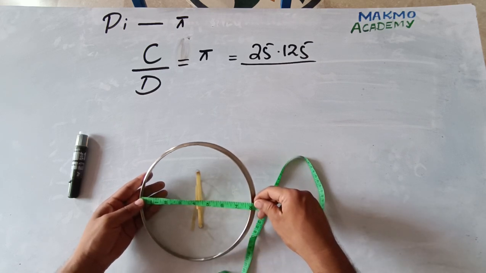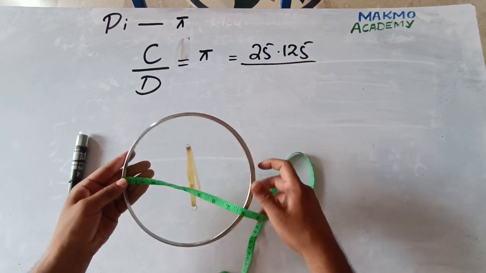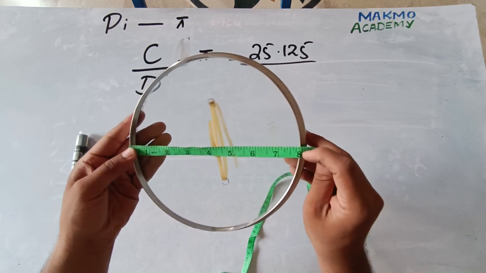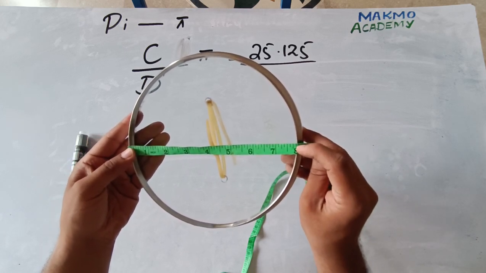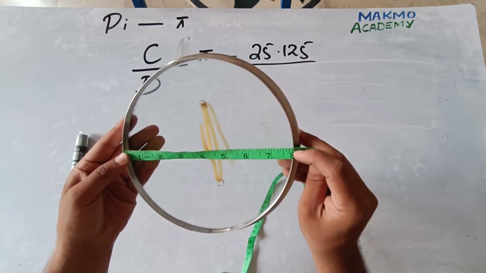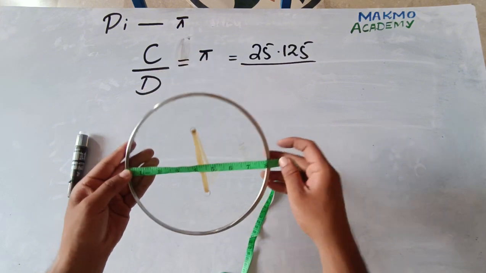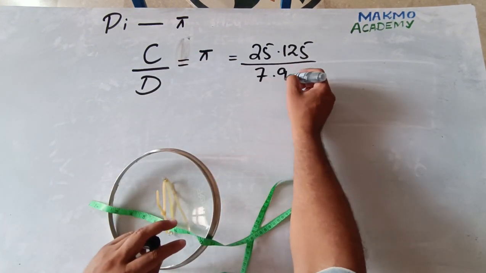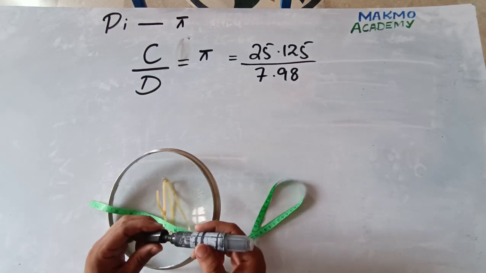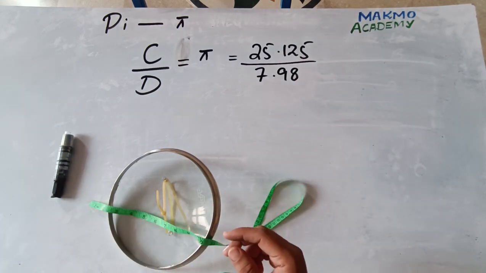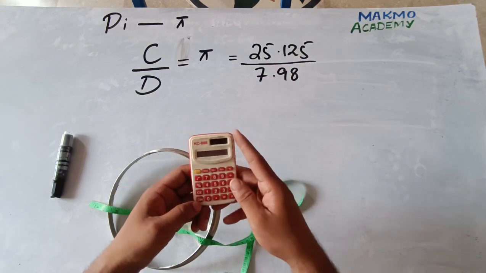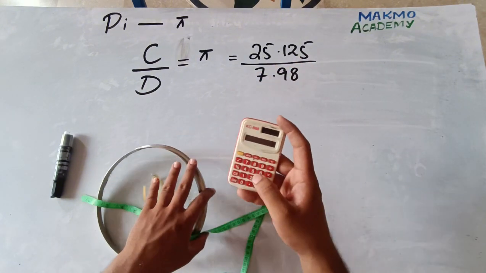It's around 7.9 and very near to 8. The line of 8 is over here, and before 8 it's 7.99 or 7.98. So I am taking the diameter as 7.98. We have to be very attentive and very accurate while measuring. Now we will divide these two values and see what value we get.